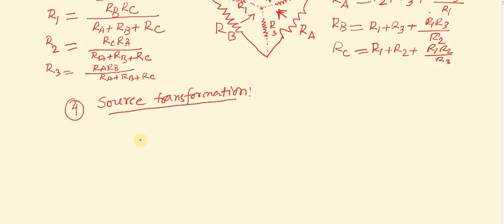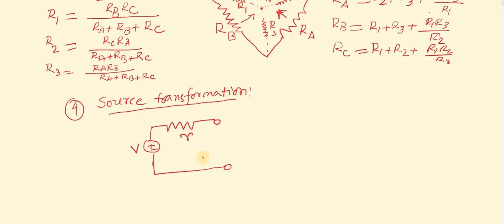We need to transform it into a current source or vice versa. What will be the technique applied for this? Say suppose we have a voltage source here in series with the resistance R, and this is our voltage V.